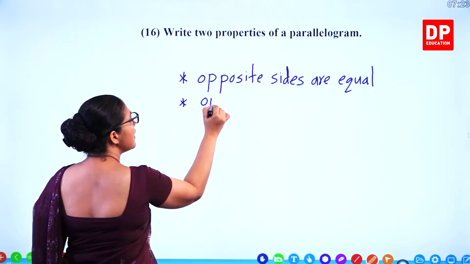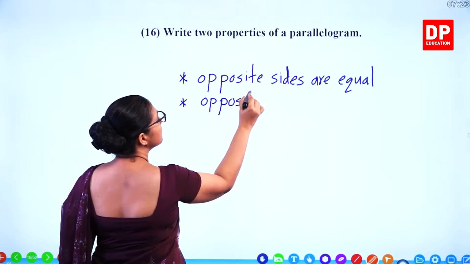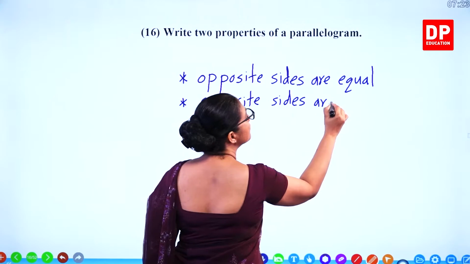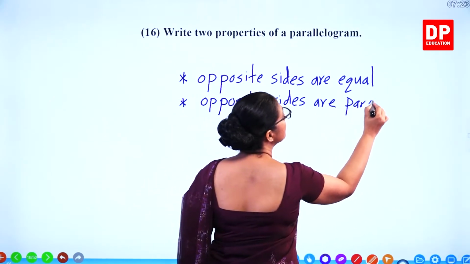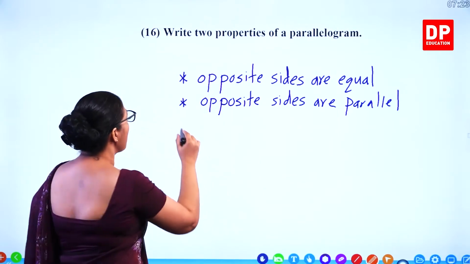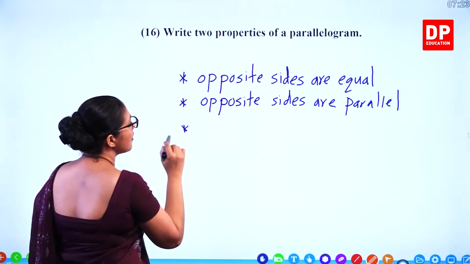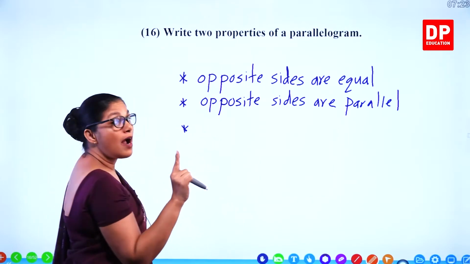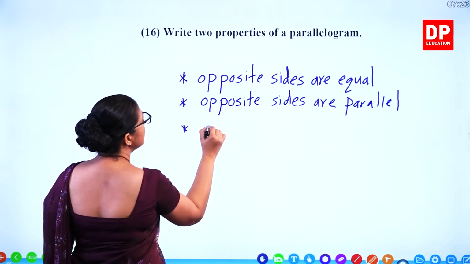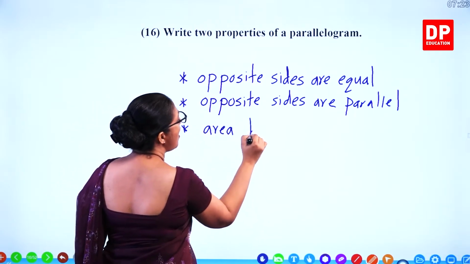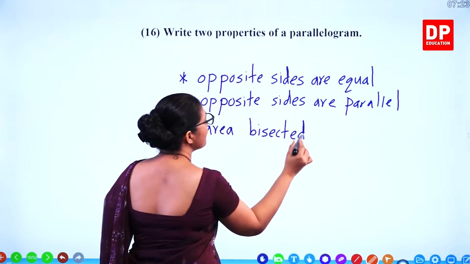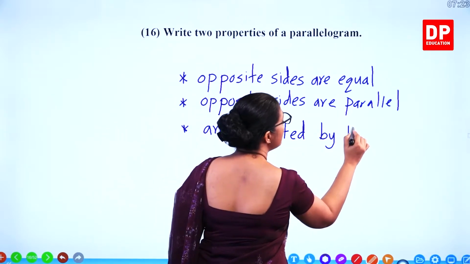Opposite sides are parallel. What else? Area of the parallelogram is bisected by the diagonal.